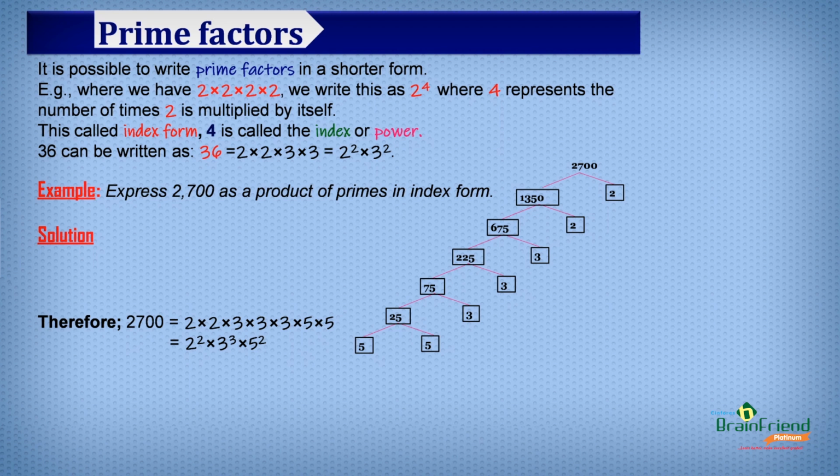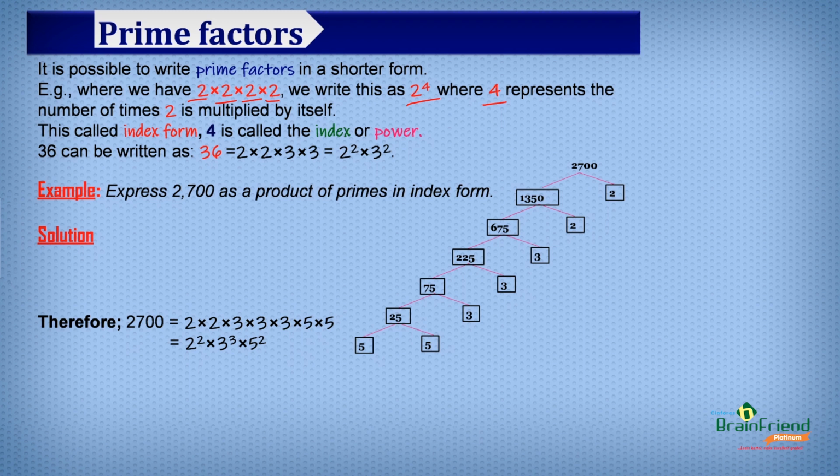For example, when we have the number 2 multiplied by 2 multiplied by 2 multiplied by 2, you realize that we have multiplied the number 2 in 4 places. We can as well write this as 2 raised to power 4, where 4 represents the number of times we have multiplied 2. This is called index form or power form.